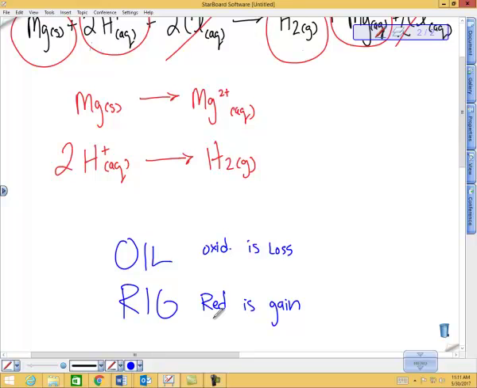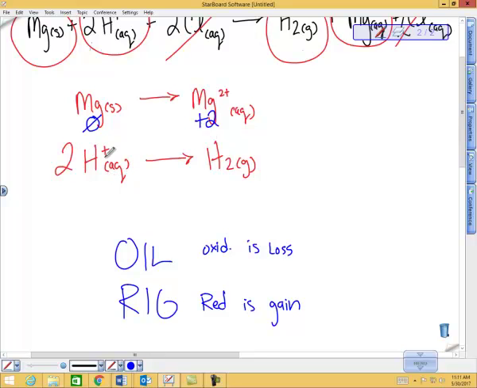The first thing is, I like looking at the half reactions and figuring out where the charges are located. Solids, liquids, and gases don't have any charges. So this magnesium right here has a charge of 0. But you see how this ion sitting here has a +2 charge? So this guy is +2. Do the same thing on the other half reaction.